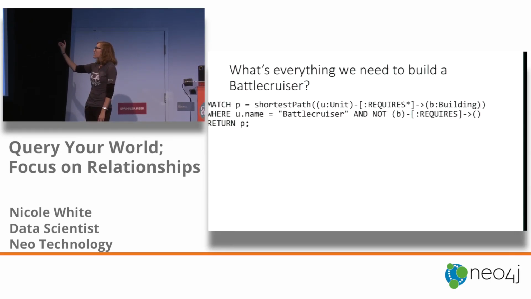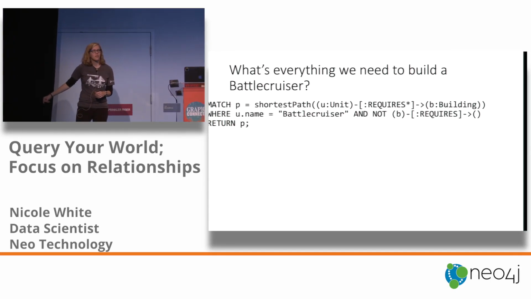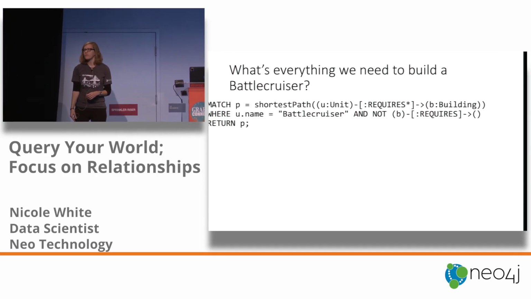So the syntax within the shortest path function is the same thing that you've been doing with the match clause already, except you just wrap it in shortest path, and I'm assigning that entire thing to P, so match P equals the shortest path between these, and then I'm saying that the unit we're starting at is battlecruiser, and I want the end node to be one of those nodes that doesn't have any requirements. So I'm going to go all the way to the bottom of the tree.